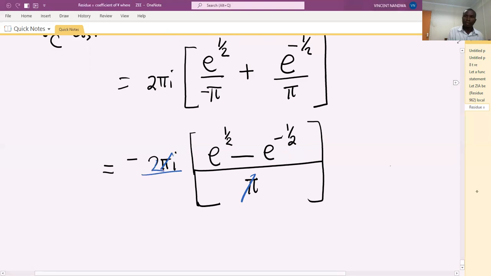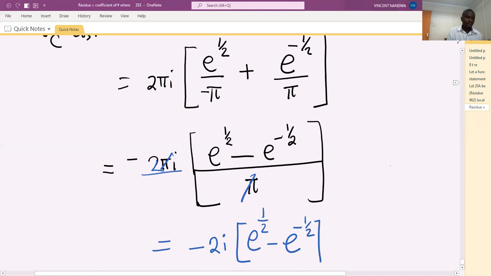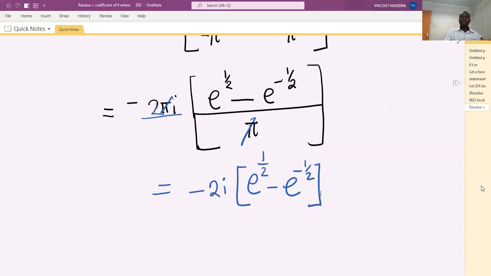So next I'll get negative 2i times (e raised to the power half minus e raised to the power negative a half) as my solution.